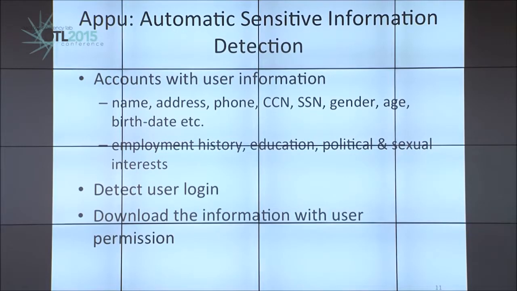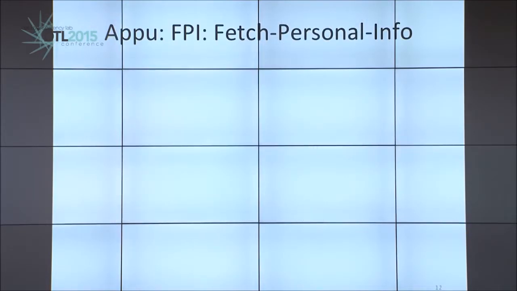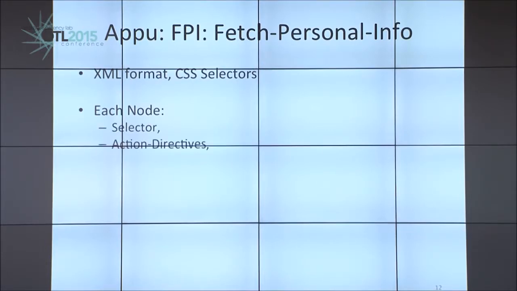permission. To do that, we have developed a small scripting language called FPI, for fetch personal information, which is a modified XML format containing CSS selectors. Each node in that XML format has selectors, action directives, and children. Children could have their own selectors and action directives.